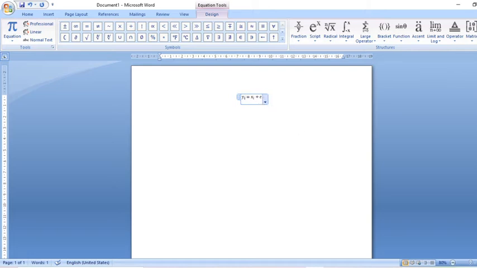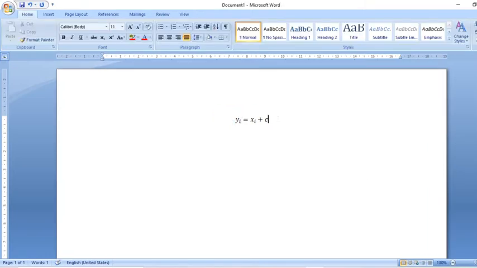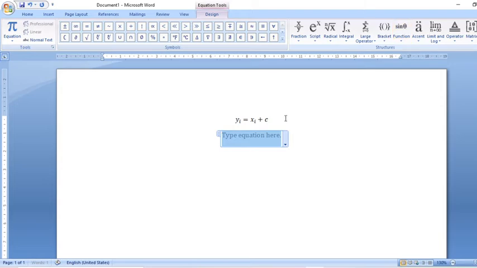So what will be y bar? Y bar equal to summation i from 1 to n of yi divided by n.